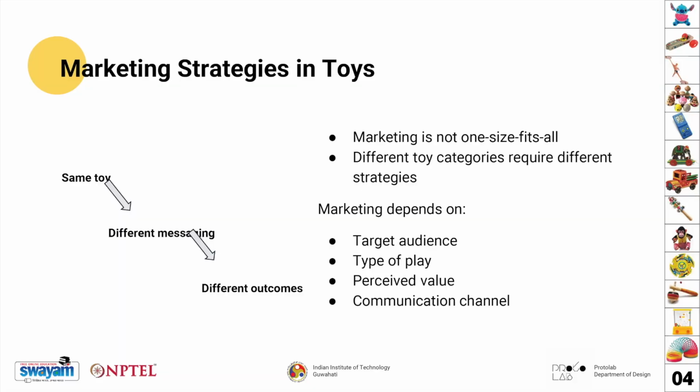The message, the visuals, the platforms used, and even the language all depend on the type of toy and the audience it is meant for. A key idea to keep in mind is that even if two toys are similar in function, the way they are presented to consumers can completely change how they are perceived and whether they are purchased.